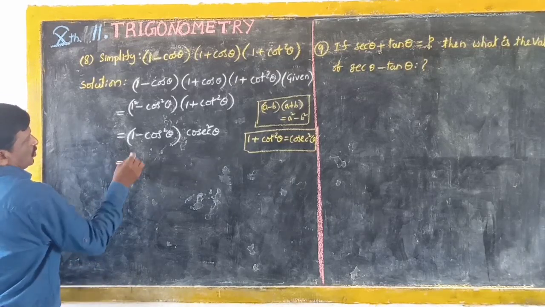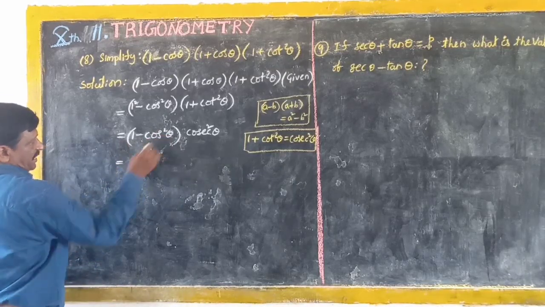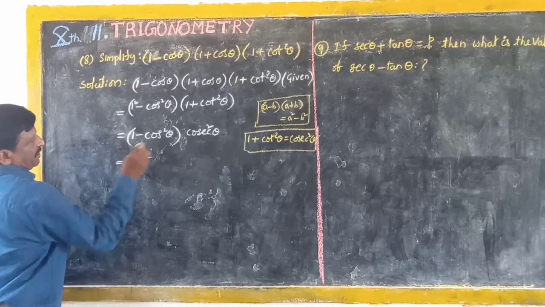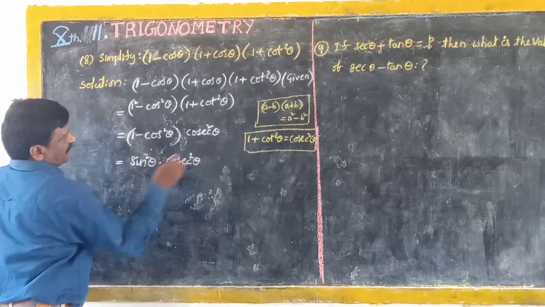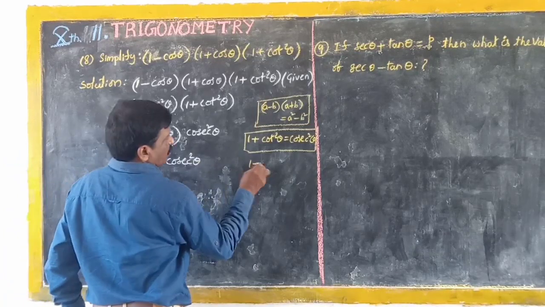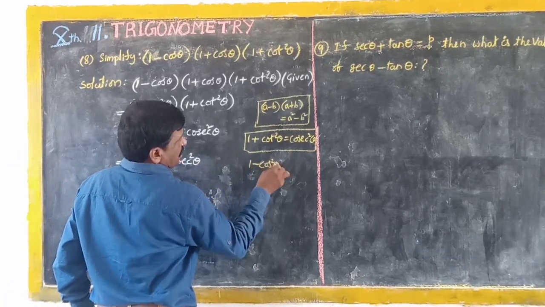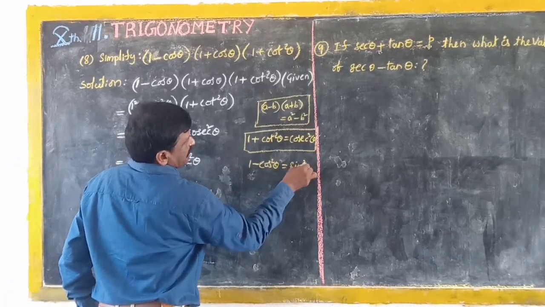So 1 minus cos²theta is equal to sin²theta, into cosec²theta.